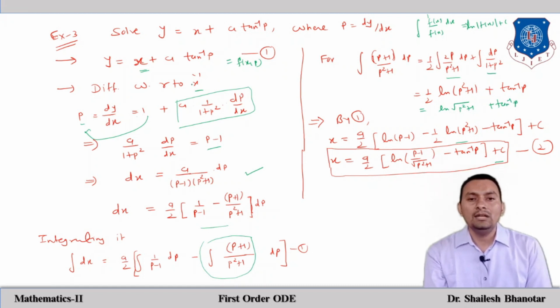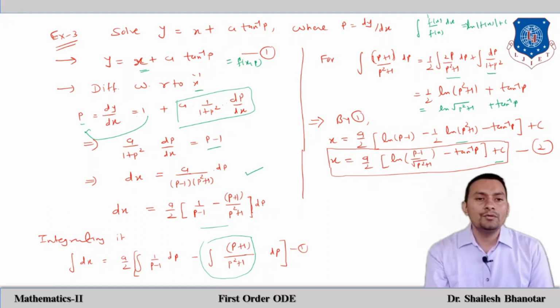Now, because what we want to do is eliminate, sorry, before that, this is equation number 2. If I say this is equation number A, so therefore by A, now I'm just taking this integration over here. So what I will get, on the left hand side, x is equal to a by 2, and the integration of this one, that is ln of p minus 1, minus 1 by 2, whatever it is.